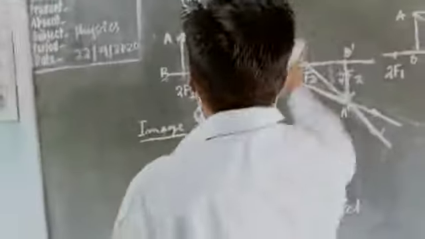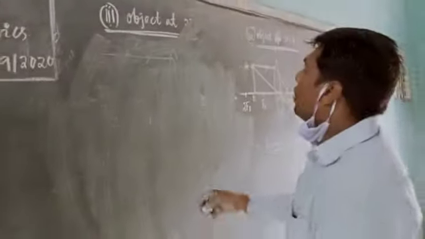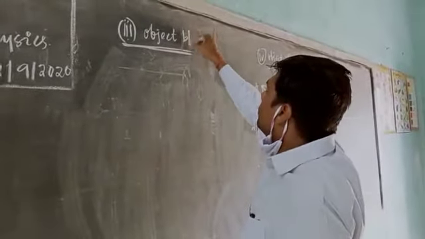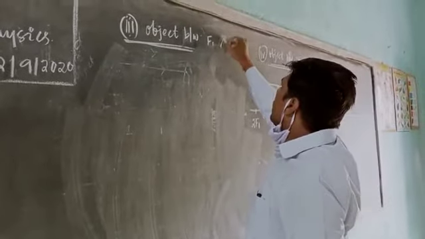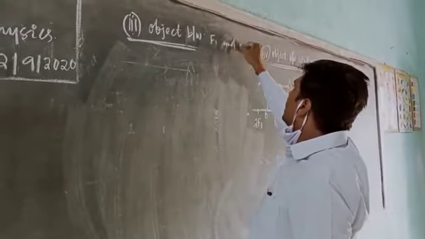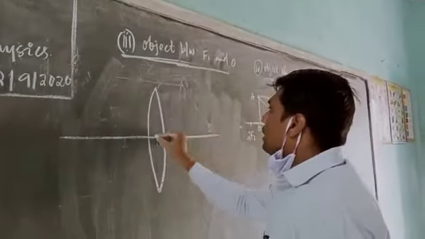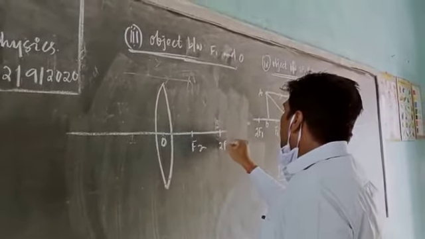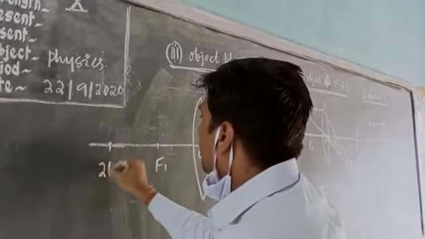Then the last case. The last case is when the object is between F1 and the optical center O. So see here, this is the optical center, this is F2, this is 2F2, and this is F1, and this is 2F1.